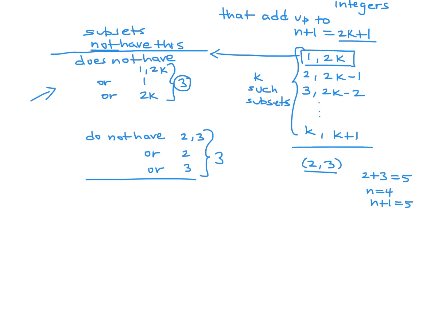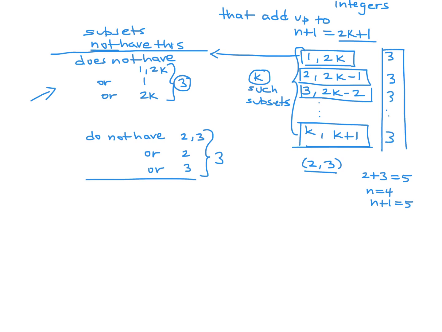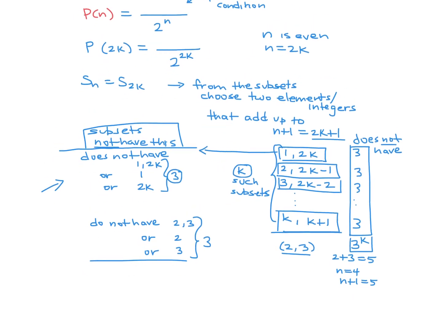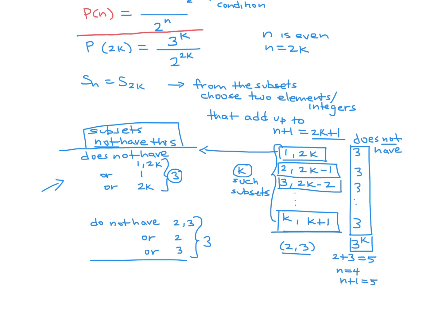So 3 for this one, 3 for this one, 3 for this one, and 3 for this one. So all of them basically will have 3. Since there's k, you're going to have 3, 3, 3 all the way down, and this is the category that does not have 2 integers that add up to n plus 1. So that basically is 3 to the power of k. And that is our numerator, 3 to the power of k. So a big long song and dance to explain the numerator.